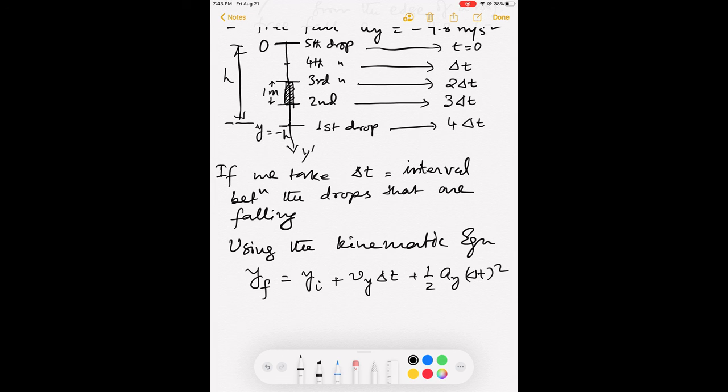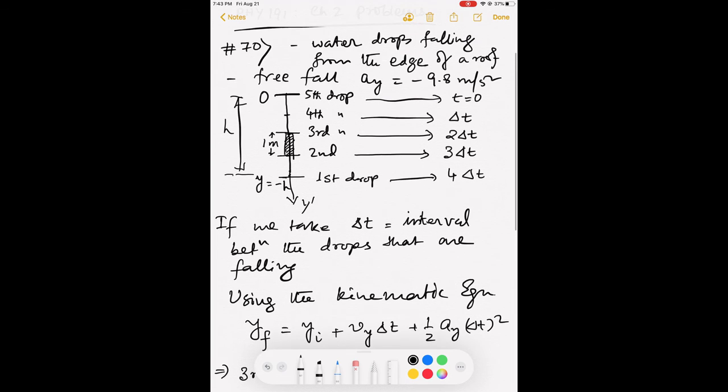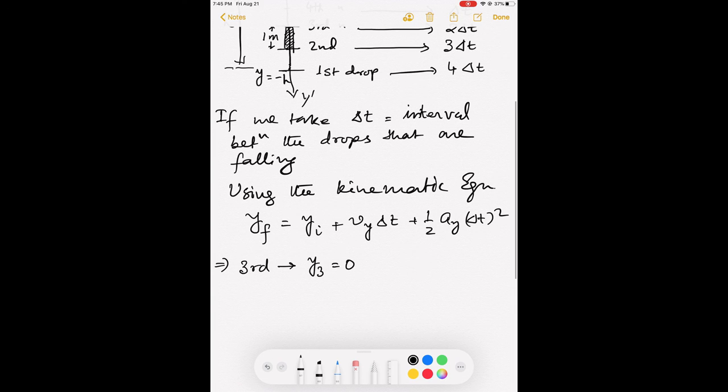You can even call it v_y1 or something like that. But we are going to write it for all of these different water drops. For the third drop, you should be able to write y3 equals 0, because it starts from y equals 0.